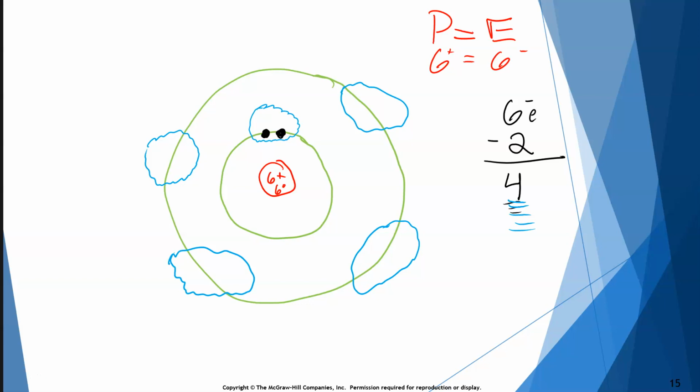Now while we do want our first shell to be full before we go to the next, as we start adding in electrons, we want to add them one by one in a clockwise fashion. So we want to add 1 electron here, 1 here. We'll keep going around, and boom, we've done our 4 electrons.